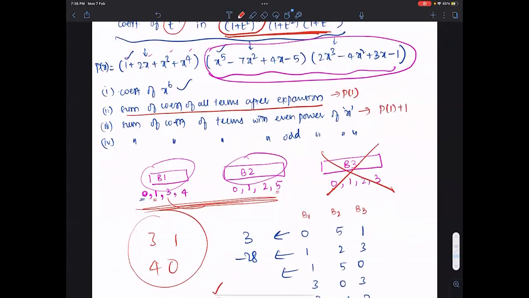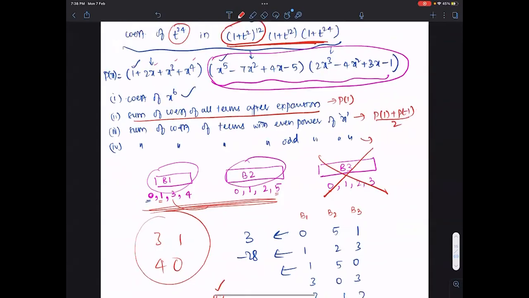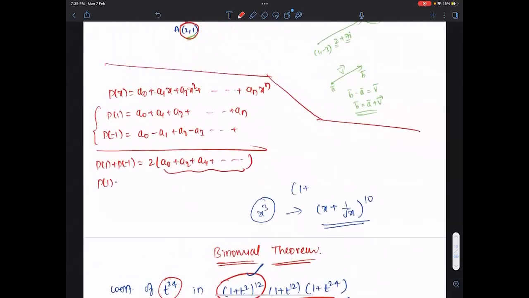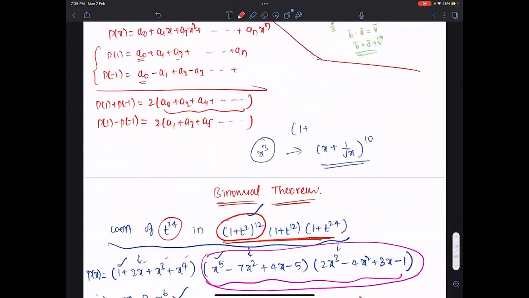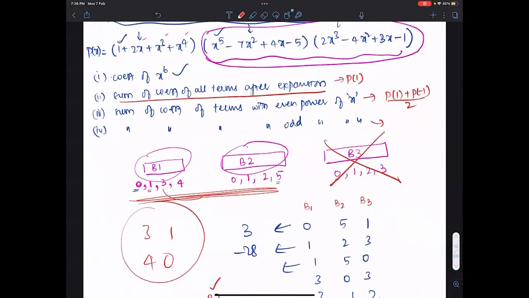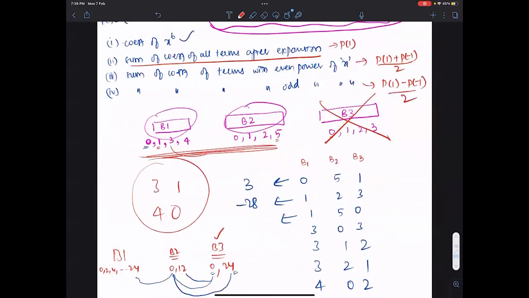P of 1 plus P of minus 1 divided by 2. And sum of coefficients of odd powers, if you subtract them, then even powers coefficients a0, a2, all those will get cancelled. You'll get 2 times a1 plus a3 plus a5. Okay. So P of 1 minus P of minus 1 by 2, like that. Okay.